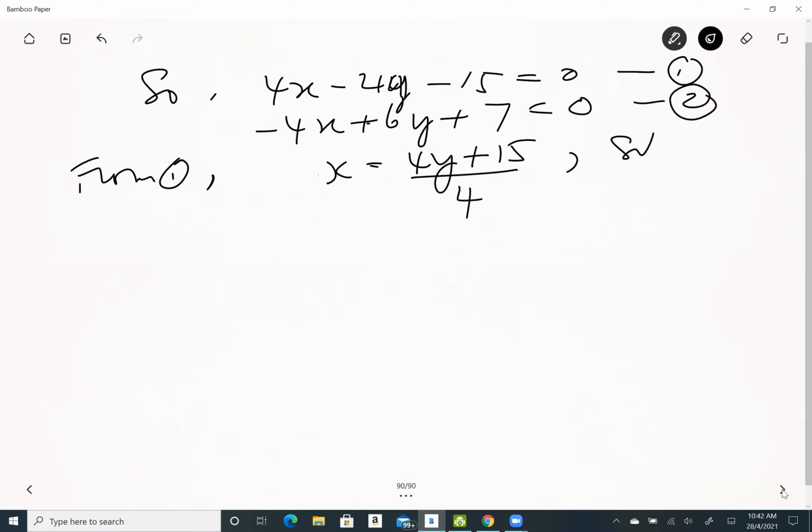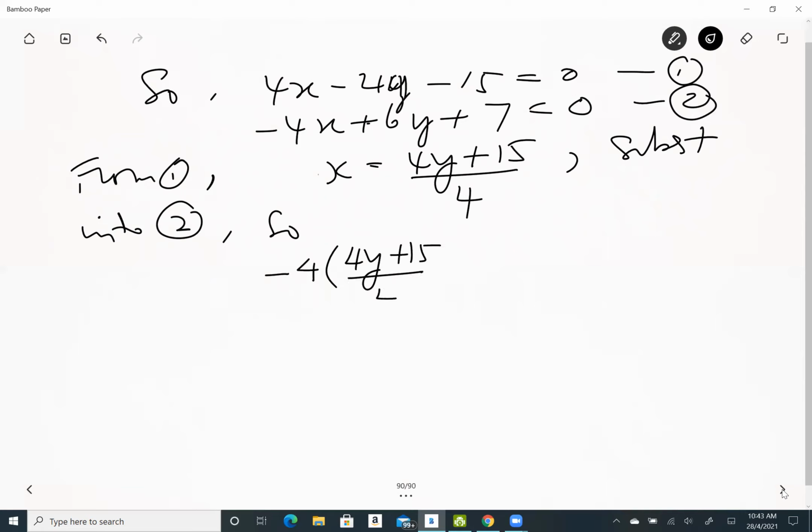And then what you do next, you substitute into number 2. So what you get will be negative 4 multiplied by (4y plus 15) divided by 4, plus 6y plus 7 equals 0.